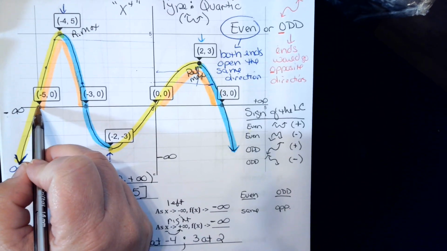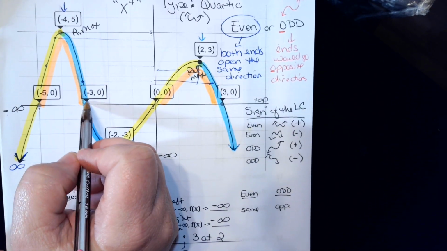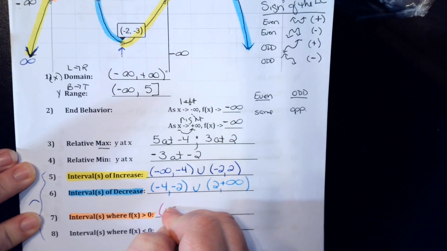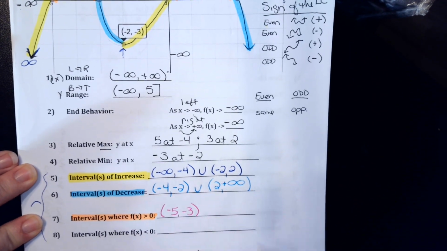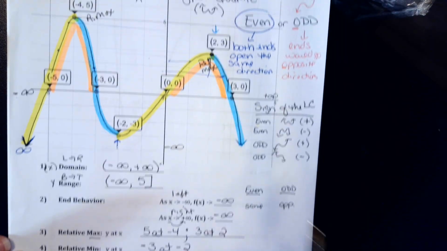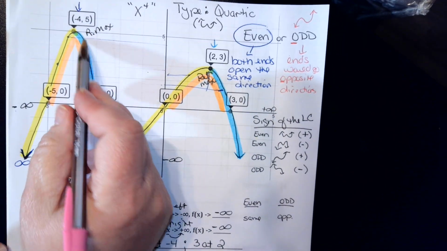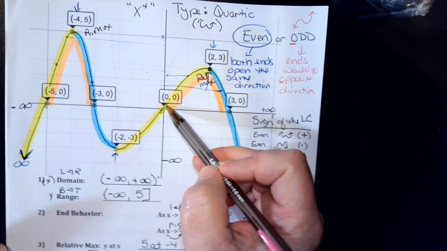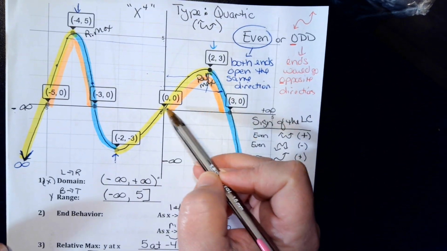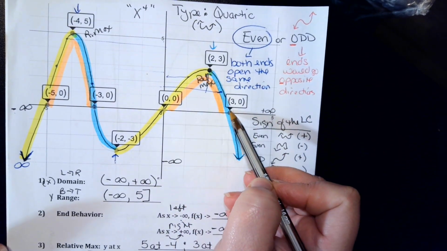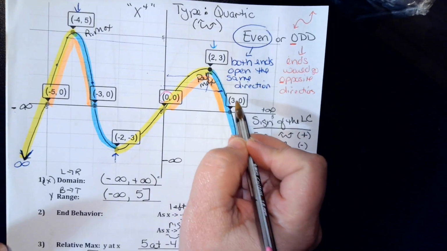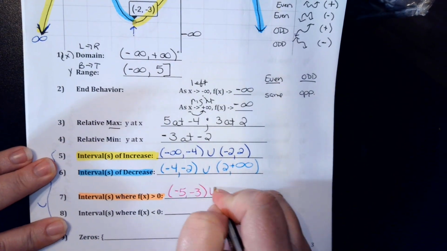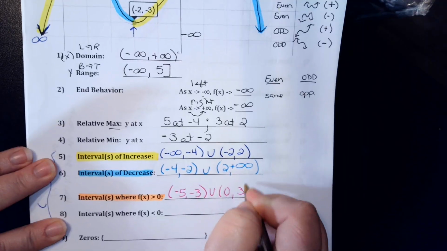Well, from -5 to -3, that part is above the x-axis. So -5 to -3. Because any y value, any output, is a positive y. All right, for this one right here, this is bounded. It has a beginning and it has an end. So it goes from 0 to 3. So we're going to union that with 0 to 3.